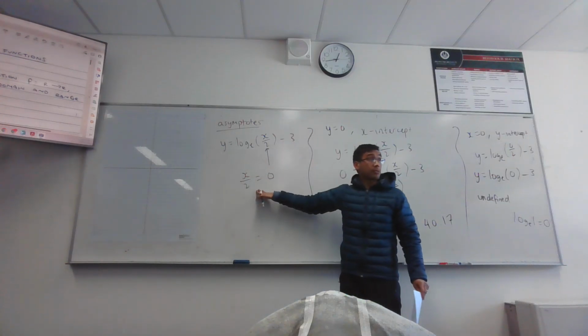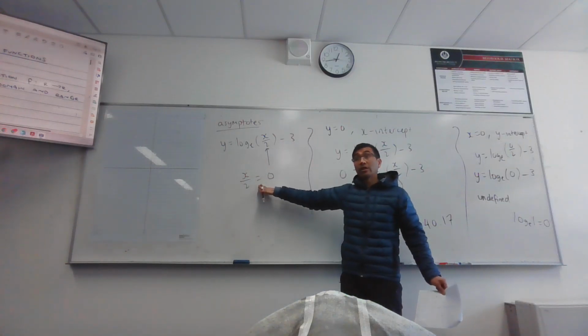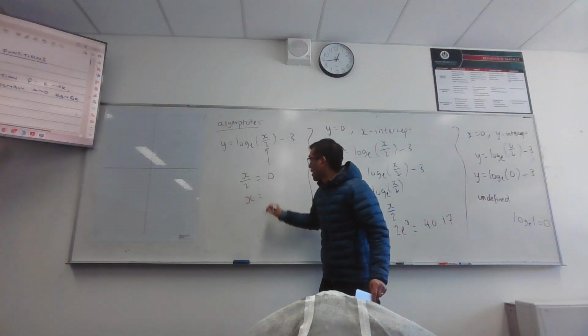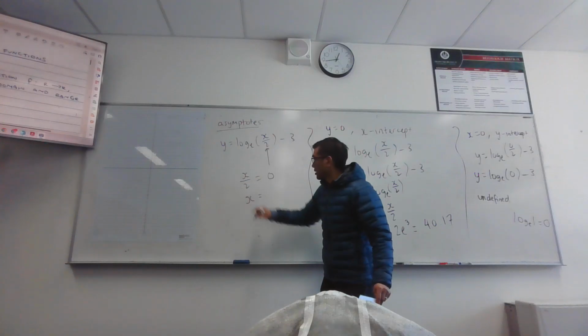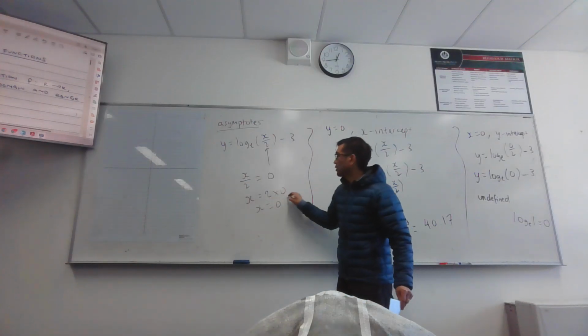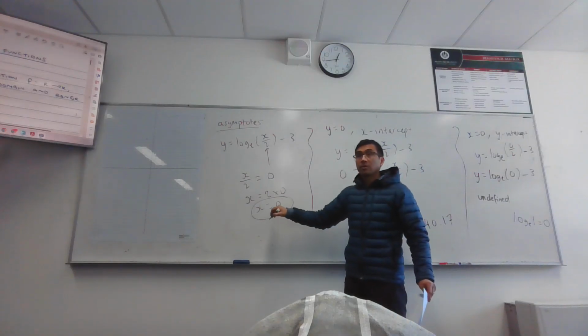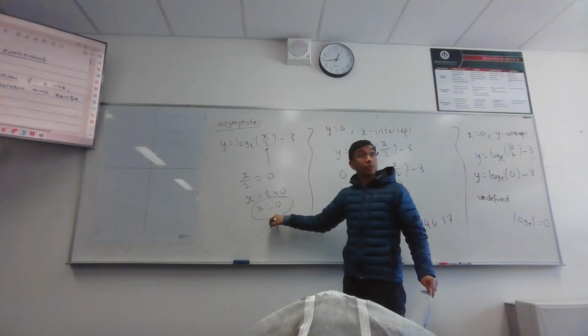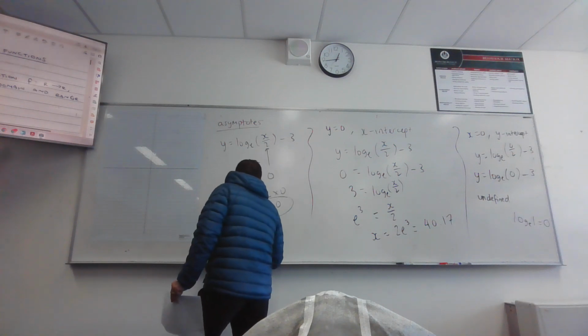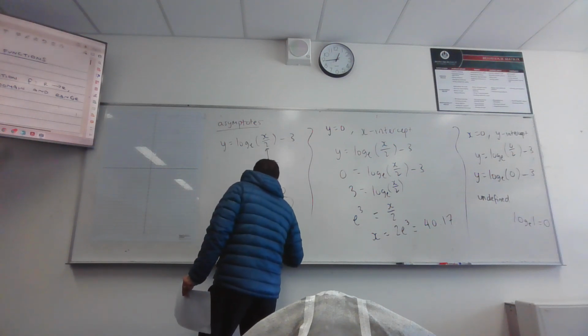So we're just going to focus on that part. It can't equal 0, because 2 times 0 equals 0. What does that mean? Undefined at x equals 0. So we found our asymptote.